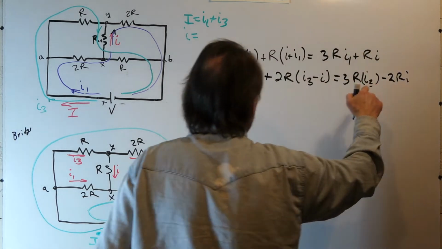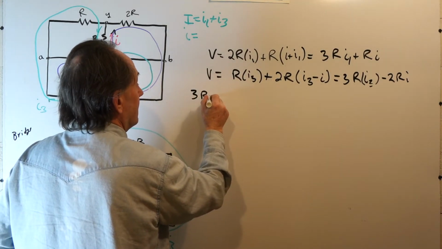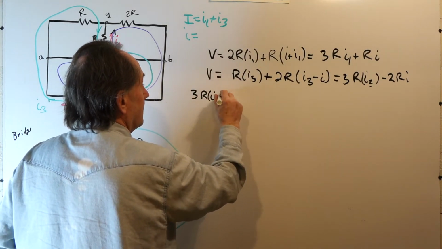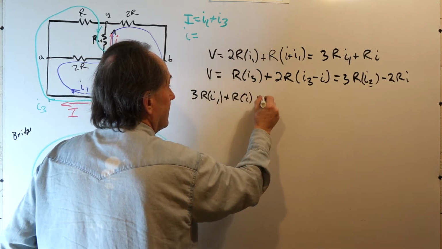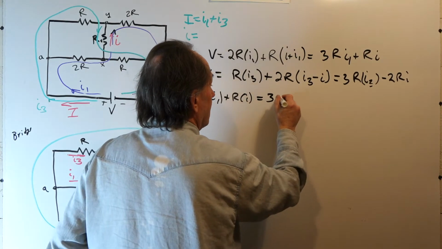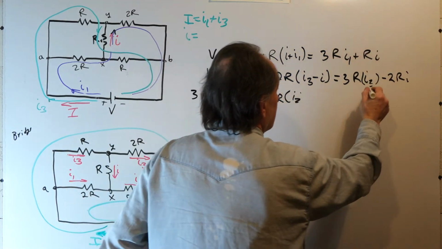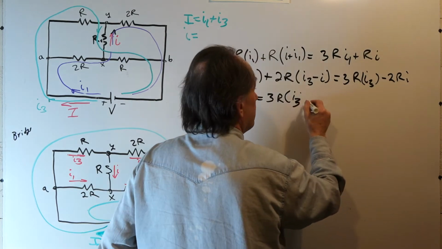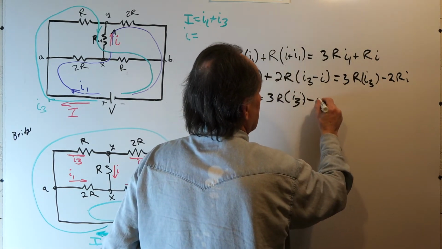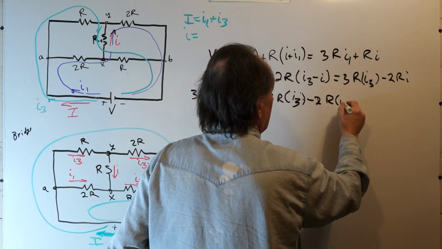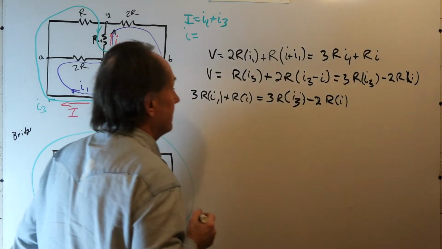We can equate both equations here. So we have 3R I1 plus R I is equal to 3R I3 minus 2R I. That's all right there.